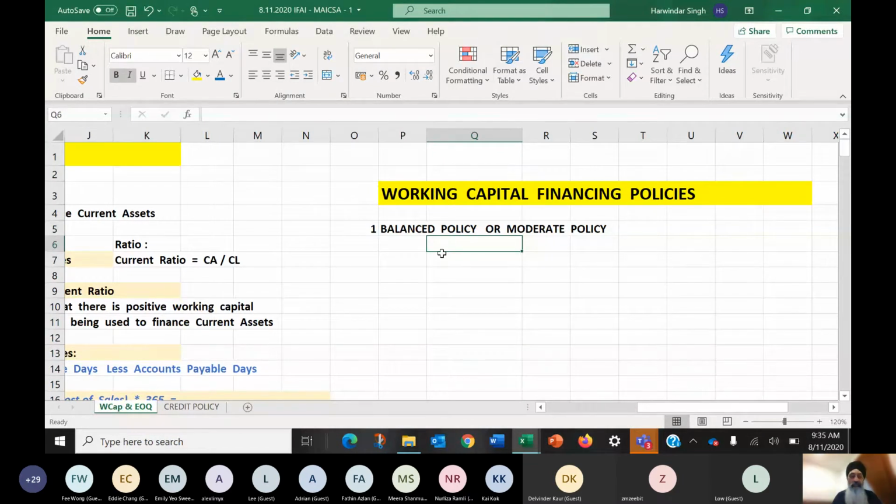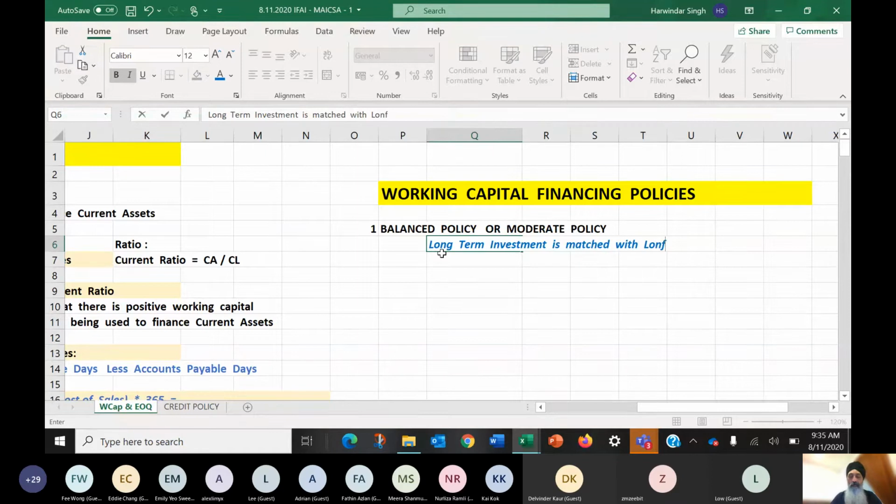This would mean that long-term investment is matched with long-term finance.